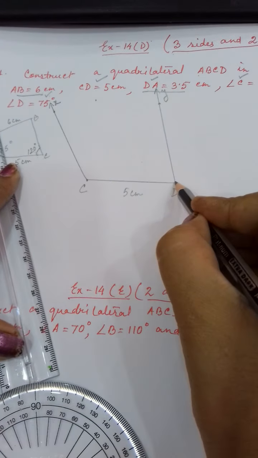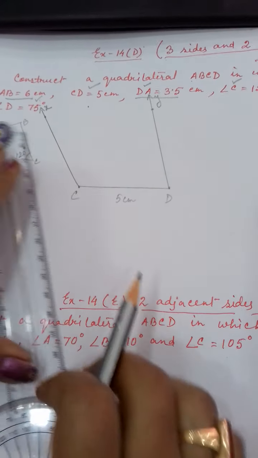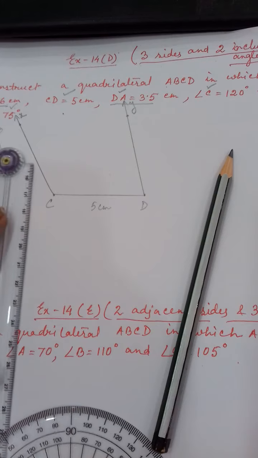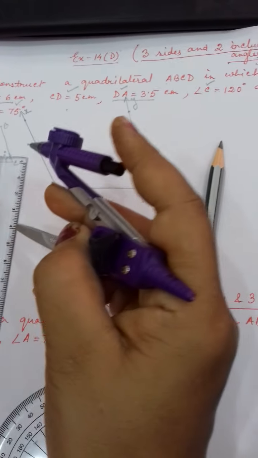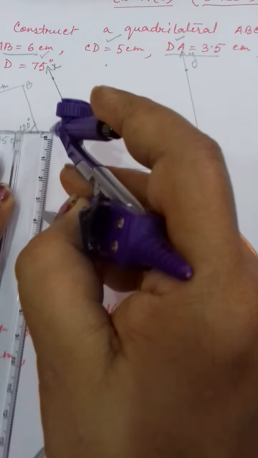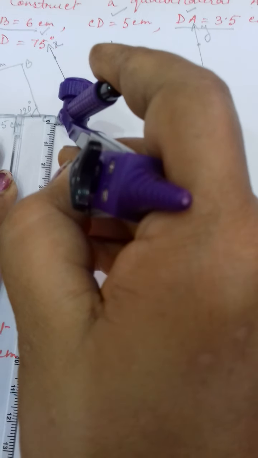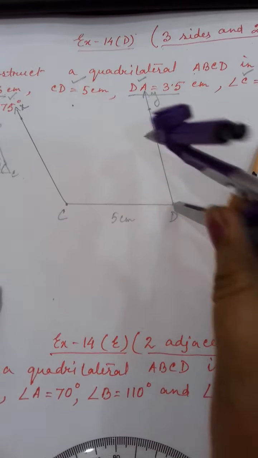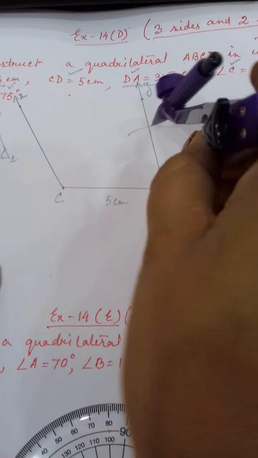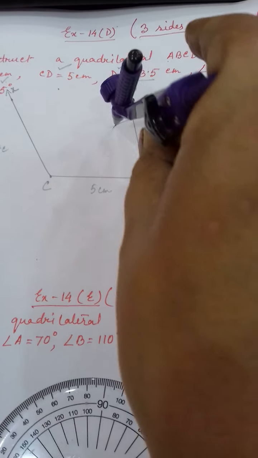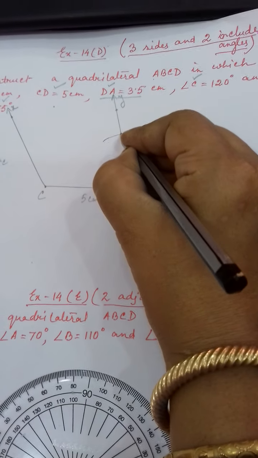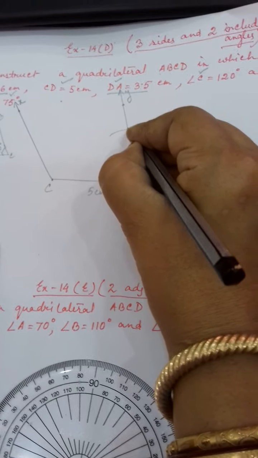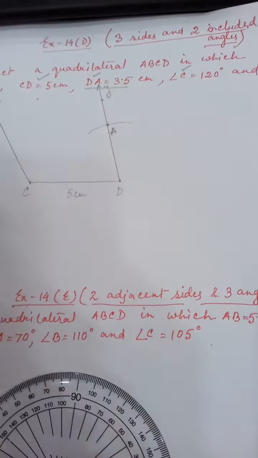So with D as the center you can draw 3.5 centimeter. Take the measurement 3.5 centimeter and with D as the center cut an arc from DY. Clear? After drawing this arc you have got this intersection point as A.